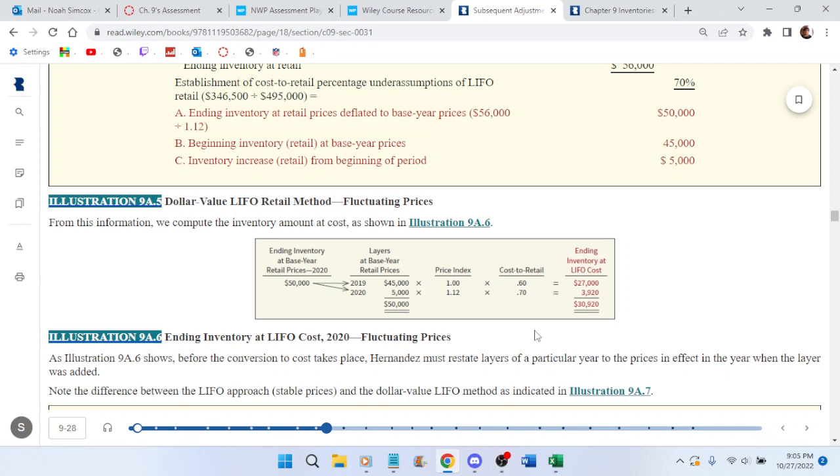What is dollar value LIFO? Beginning inventory.